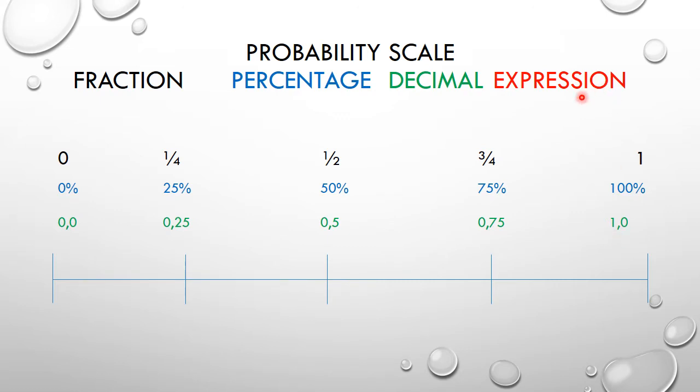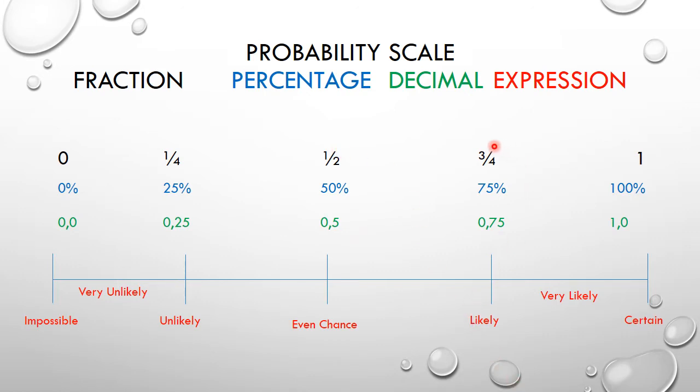Now let's link that up with expressions. To say something is impossible, you can either say it's 0, 0%, or 0. Very unlikely is somewhere in between impossible and unlikely. Unlikely sits at 25%, a quarter, or 0.25. Even chance, there's the notation for that, 50% or a half.